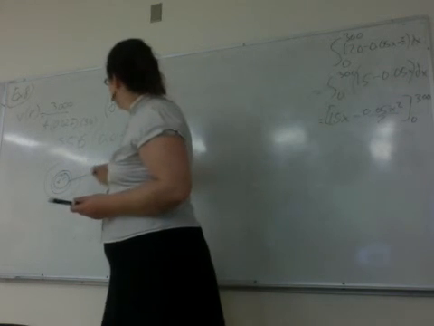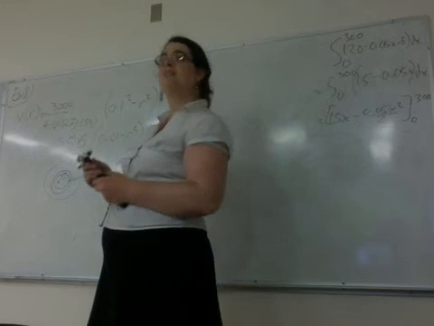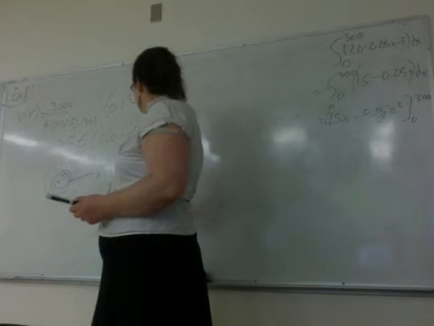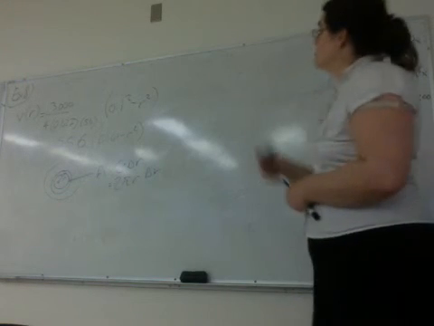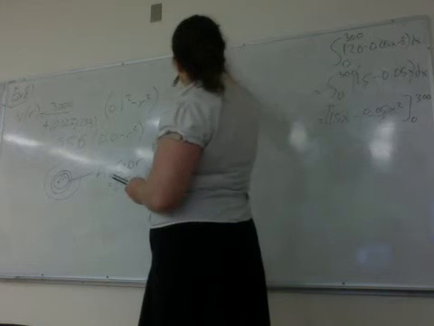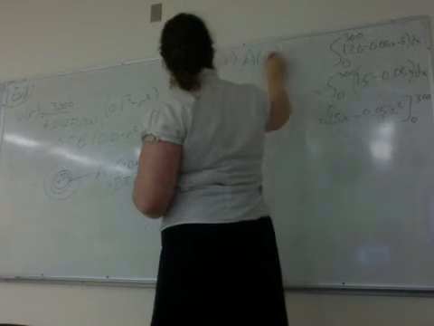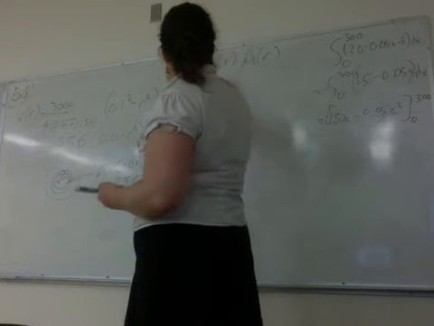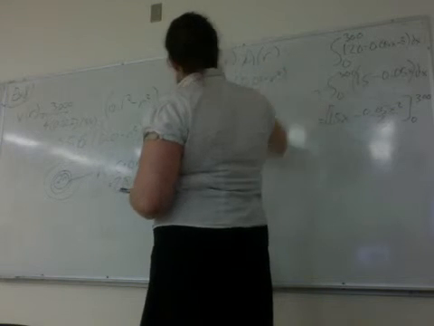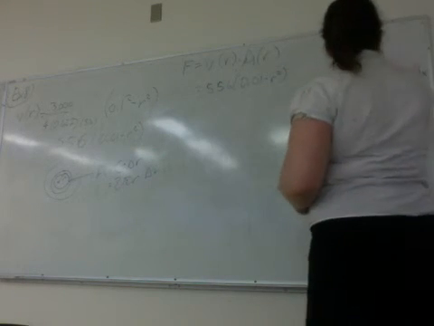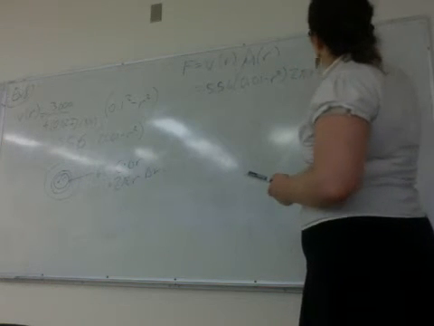Now, if you remember, the area of a circular strip is the circumference times the thickness, which is delta r. The circumference is 2 pi r. So the flow rate is the velocity times the area. The velocity is this thing, 556 times 0.01 minus r squared, and the area is 2 pi r delta r.